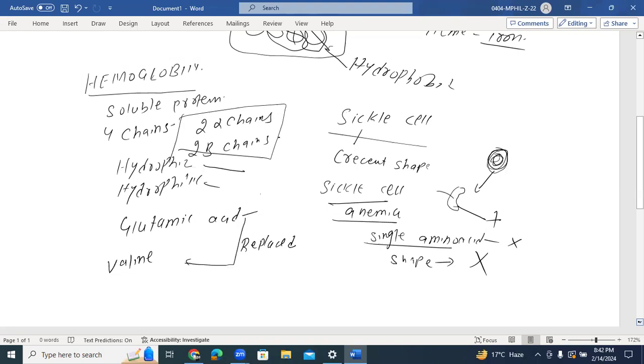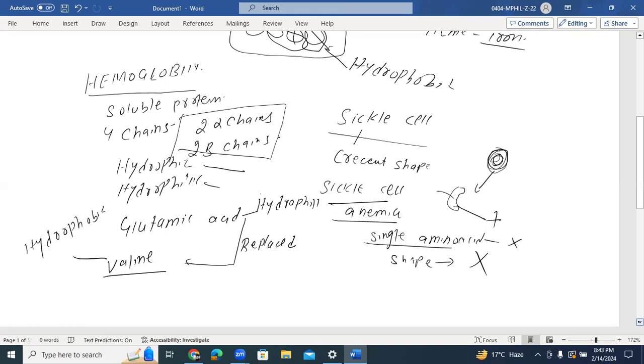This glutamic acid was hydrophilic, and once it is replaced, this valine is hydrophobic. As a result of this, the property or the function of the hemoglobin protein is going to change because of this single change.